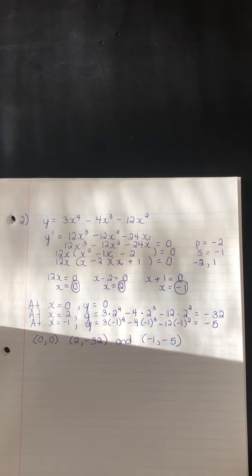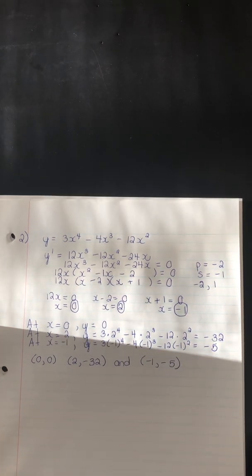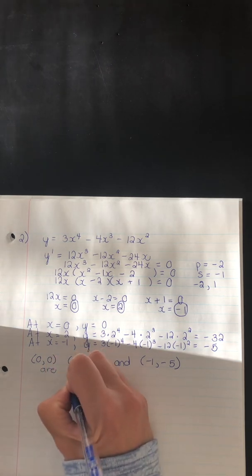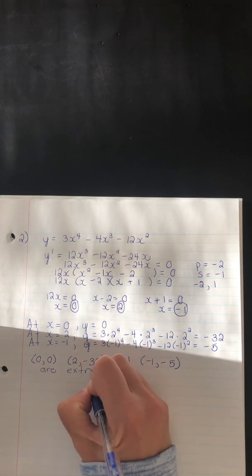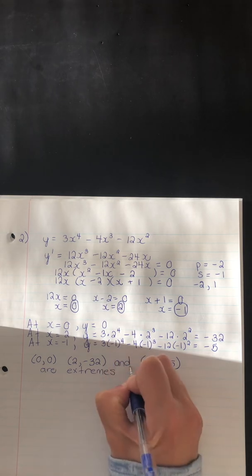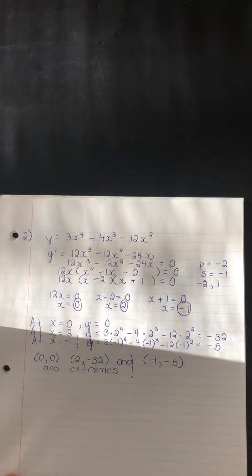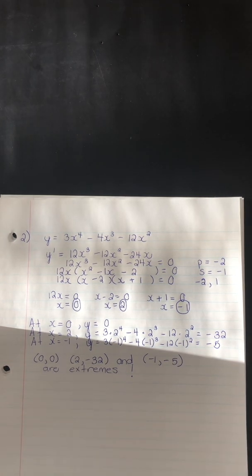So we're at the point where we could state that these 3 values are extremes in the graph. And so what does that mean? It means probably we have 2 mins and 1 max, or 2 maximum points and 1 minimum point.